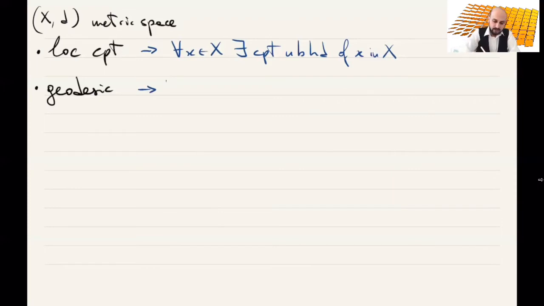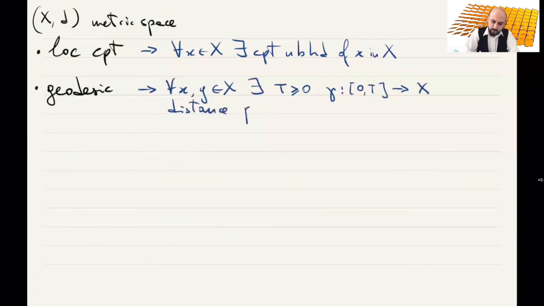But you can express it directly without talking about length, saying that for any 2 points in the space there exists a number t, which is actually the distance of the 2 points, and there exists a curve from 0,t into X that is distance preserving, with gamma of 0 equal x and gamma of t equal y.